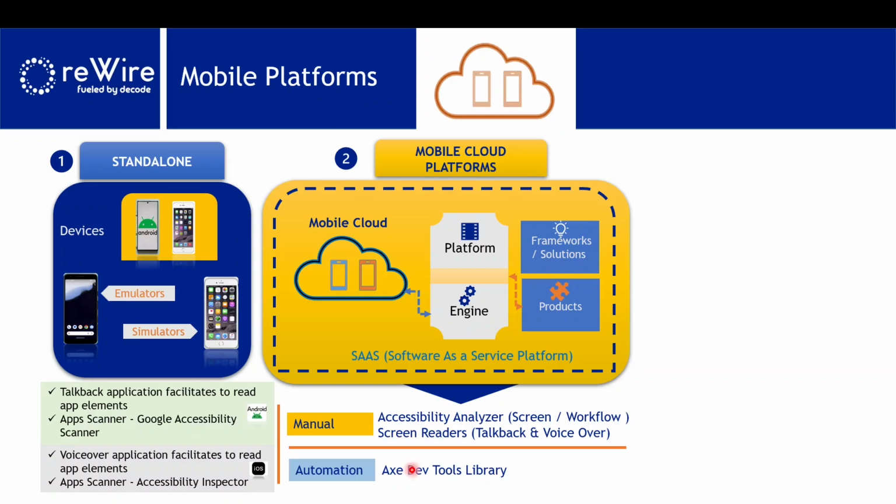How can we access the plugins? They have developed customized plugins, which are commercial based, and those plugins are integrated with the cloud solutions. It gives the flexibility for the existing automation suite to be integrated with this library and perform the accessibility scan of the particular mobile application or web application.